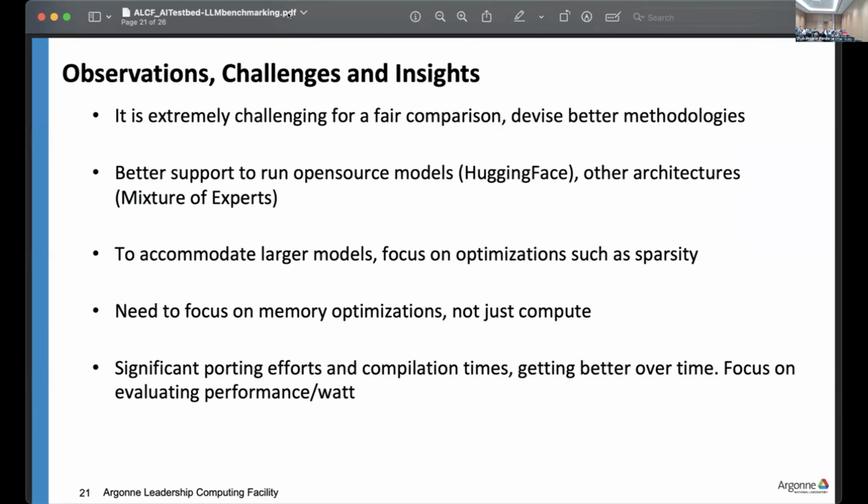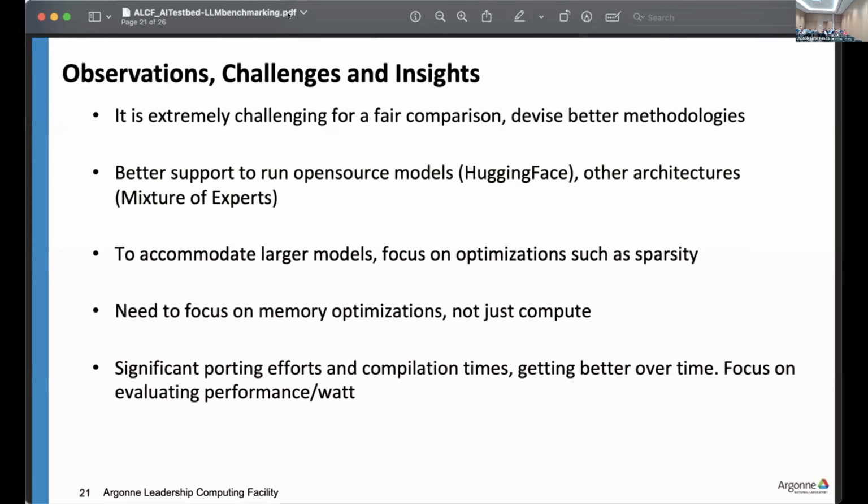Some of the key observations: first, when you're doing this kind of study, it's extremely hard to get a fair comparison. So we tried to be as close as possible, but we believe there are better methodologies that we can use. And for these systems, there's some ongoing support if you're running open source models and other architectures. And definitely, if you want to accommodate larger models, we need optimizations across the stack.